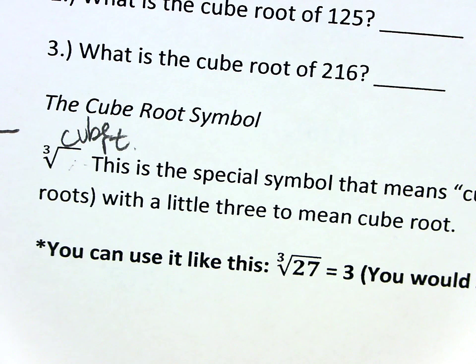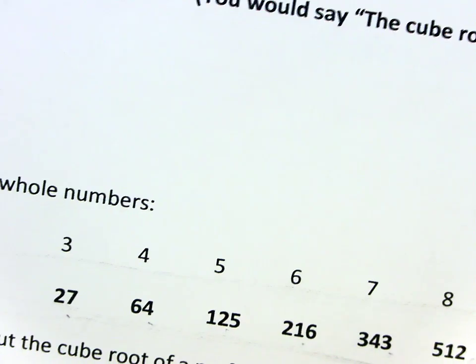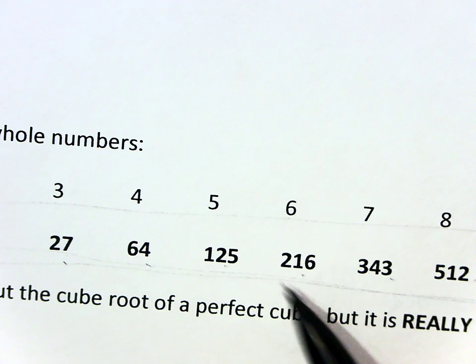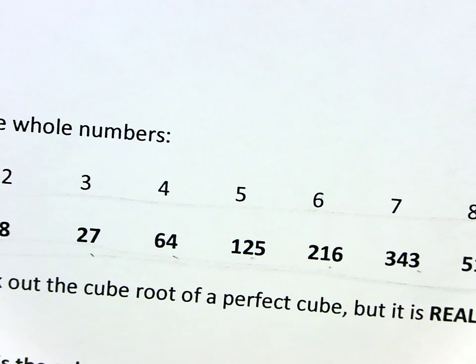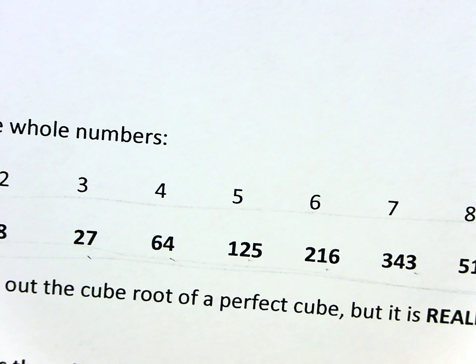So does that kind of make sense? So what is the cube root of 216? 6, right? If you have the chart right in front of you, it's pretty easy to find. Cube root of 216 would just be 6. What's the cube root of 64? 4, right? Okay, so everything's easy when it's a perfect cube, but will it always just be a perfect cube?